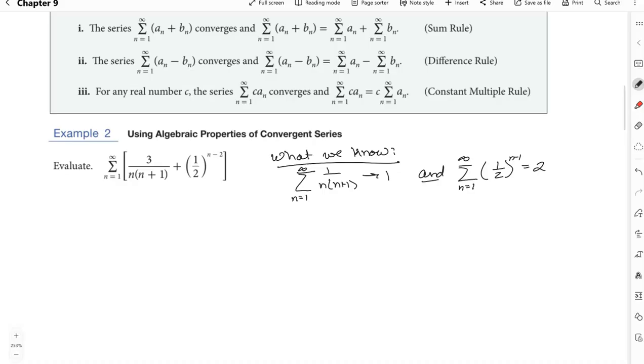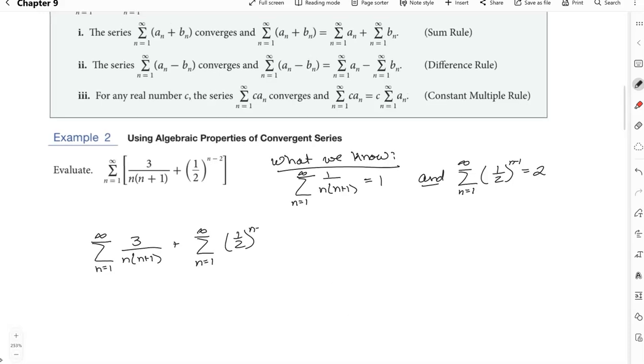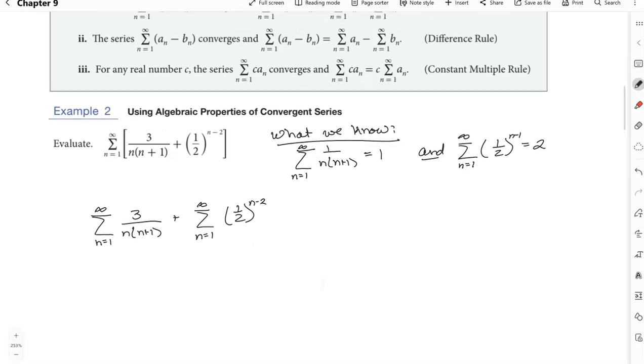So if we know these things, then let's apply properties. So I'm going to start by rewriting this as two different sums. So I'm going to have the sum of 3 over n times n plus 1, plus the sum of 1/2 to the n minus 2.